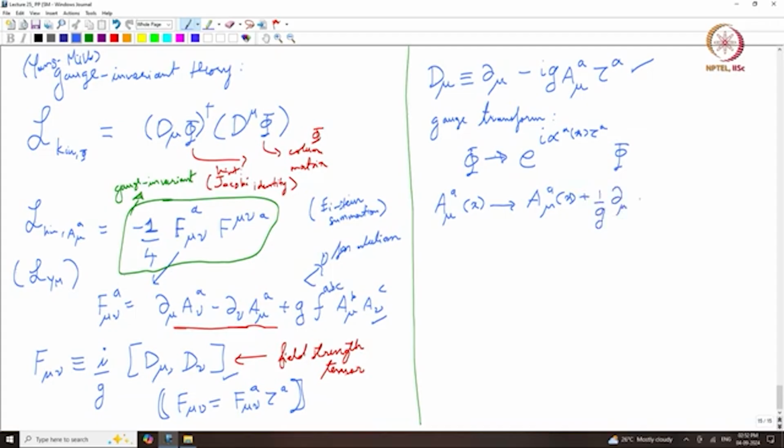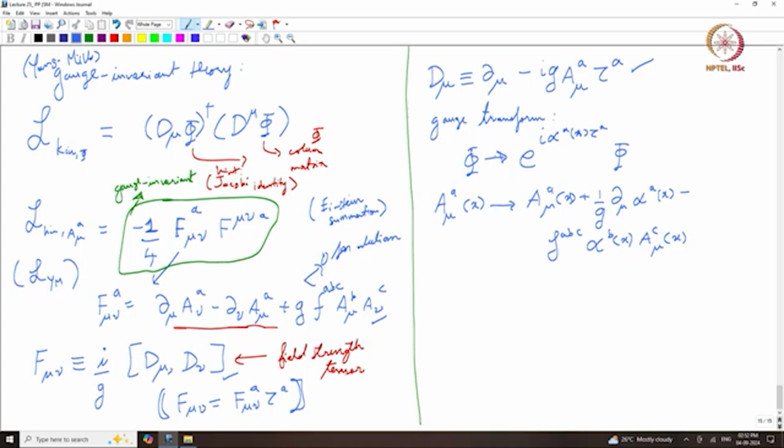Partial mu alpha a of x. If I had stopped here, that would still look like an abelian theory, right? But something more happens in a Yang-Mills theory, and you guessed it, the structure constant enters obviously, and then I have the same alpha but with a different index, and the field.